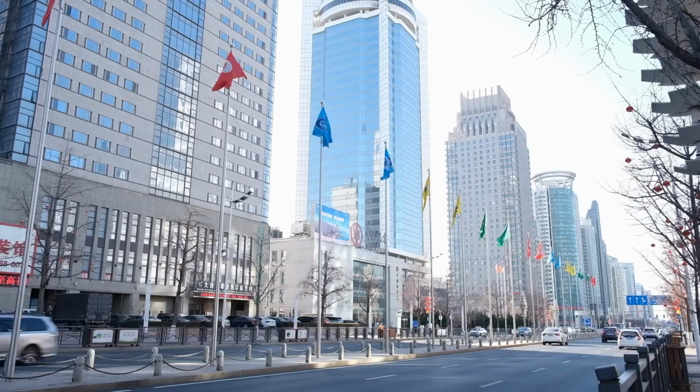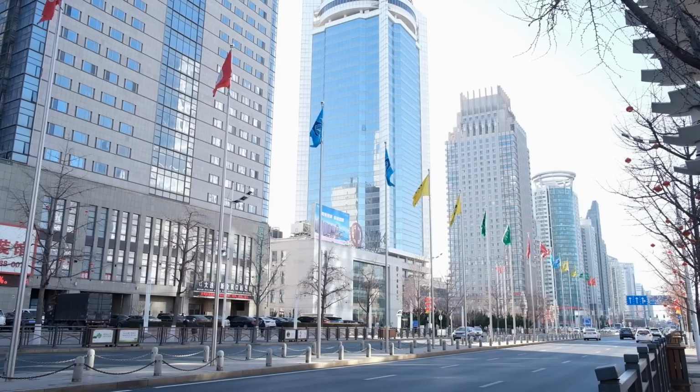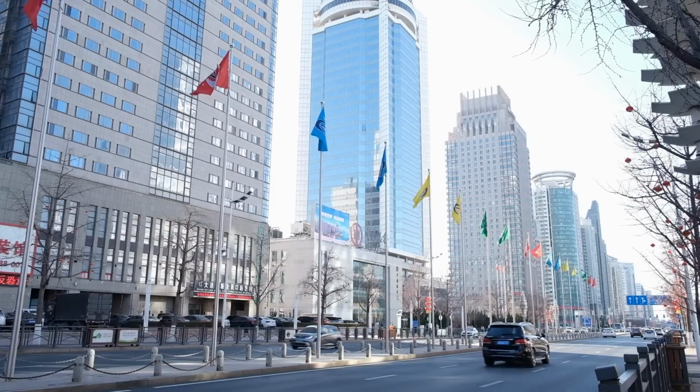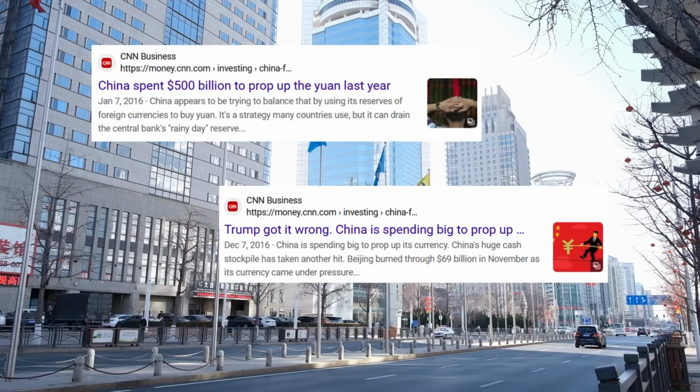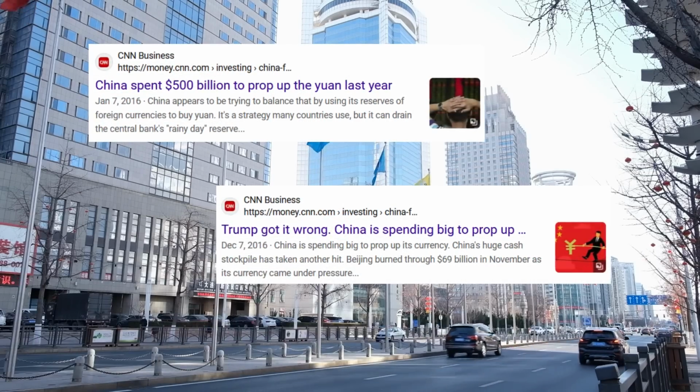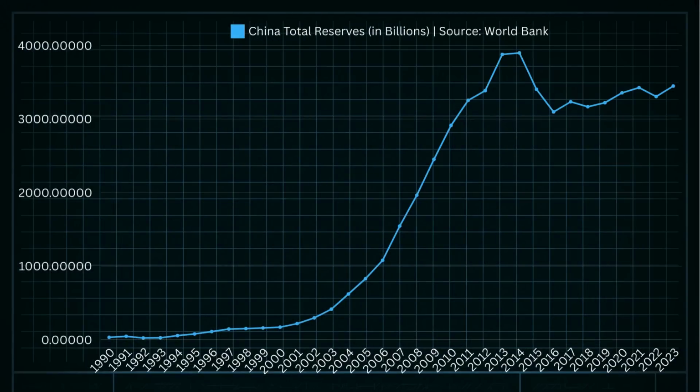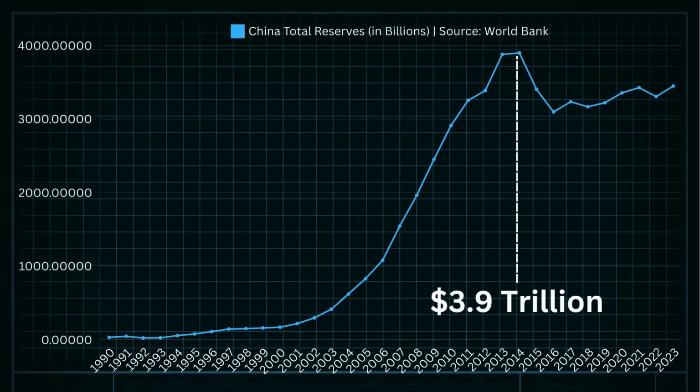Now, when capital leaves the country, especially at these amounts, the yuan can fall, and sometimes it can fall too quickly. To prevent that from happening, the PBOC spent large amounts of its foreign exchange reserves to buy yuan in the open market. Here's a graph on China's total reserves, data from the World Bank. As you can see, China's total reserves dropped from 2014 to 2016, where in 2014 the total reserves stood at $3.9 trillion.